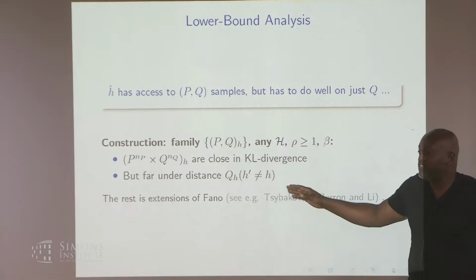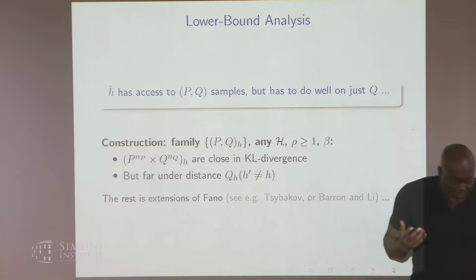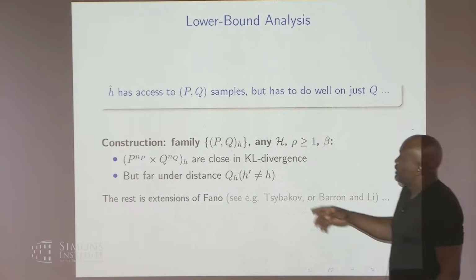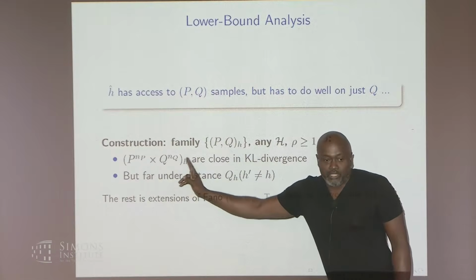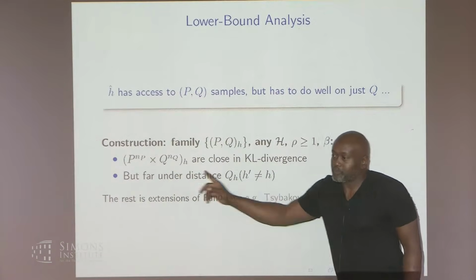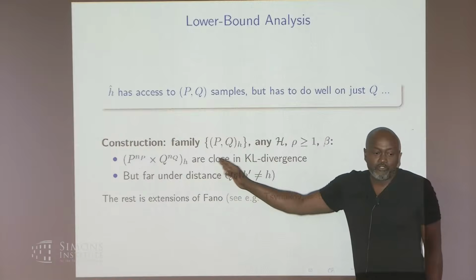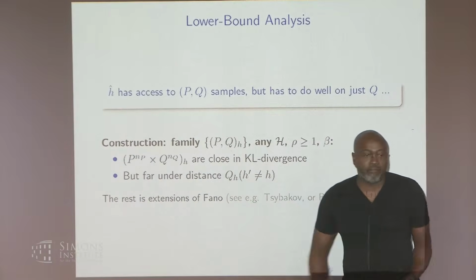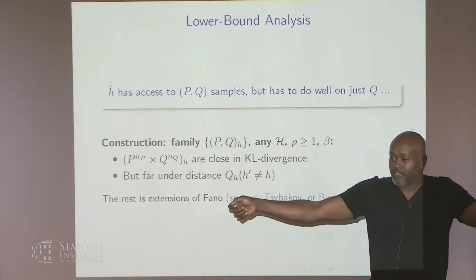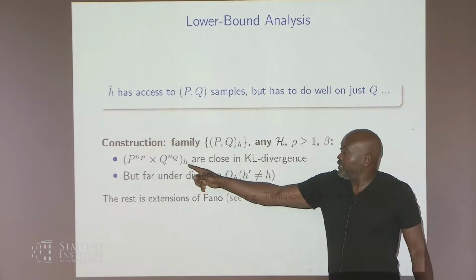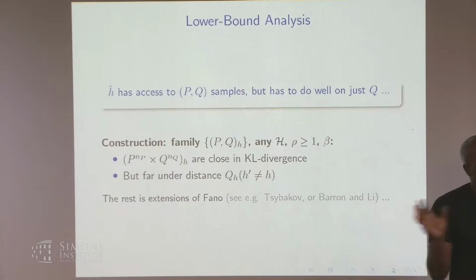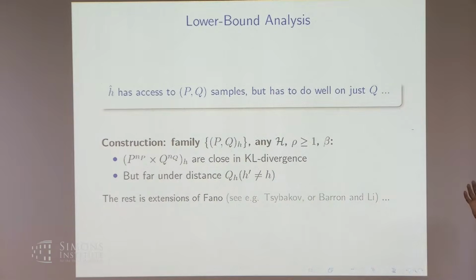So the key difference, for those who are interested in lower bounds, and I like lower bounds because they reveal where the source of hardness of problems is, is this. You construct a family of pairs of distributions, P and Q. The H here that indexes them, you can view as the best classifier for that pair. You compare any two pairs, they are close in KL divergence. So the construction is such that any two pairs are close in KL divergence, which makes them hard to distinguish from data.